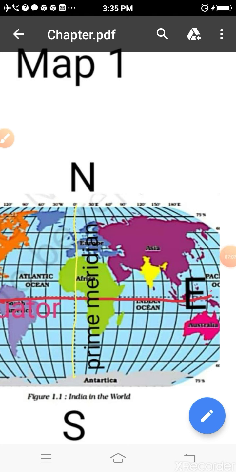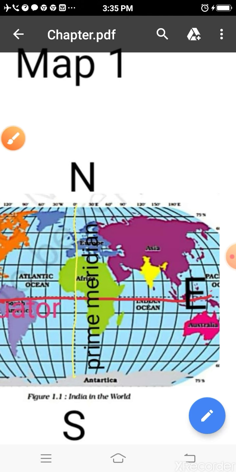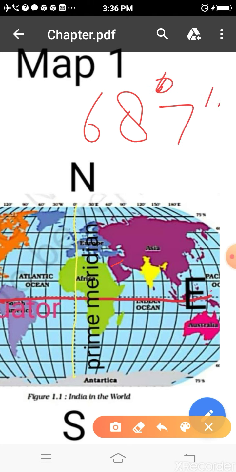That's why we write 8 degree 4 minute north, because it is here, and 68 degree 7 minute east, because it is here. Right, children?